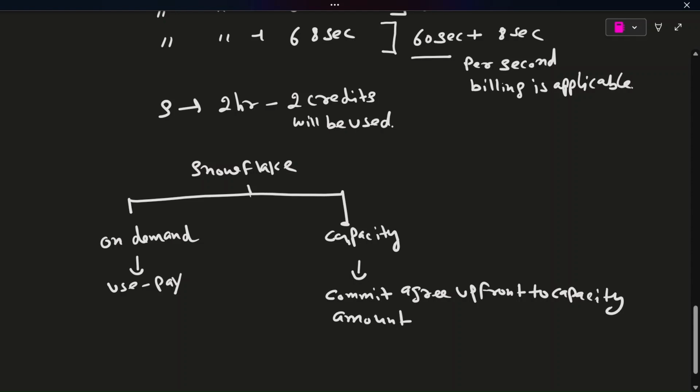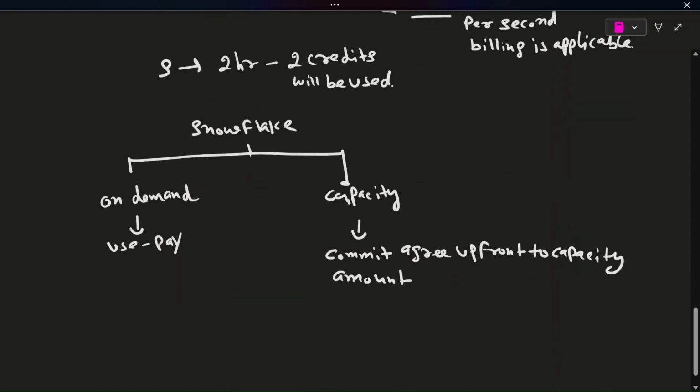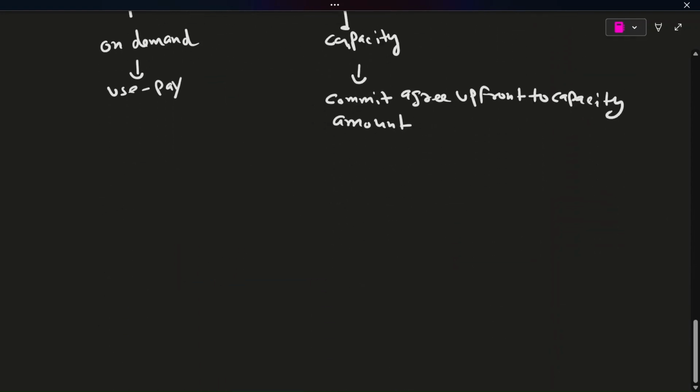What will you tell Snowflake? That I commit to, let's say, 5 million, or let's say 0.5 million of cost annually.